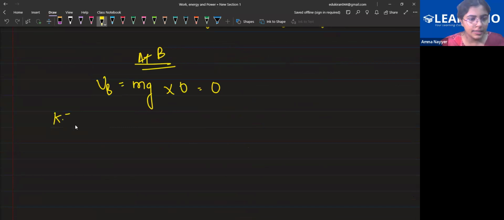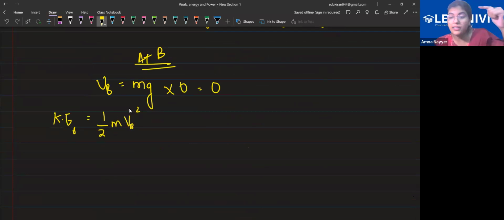Now, when we are talking about kinetic energy at this B point, it is half m vB squared, not the velocity at the highest point. So as to differentiate it from that highest point, I'm taking the velocity from the lowermost point. So that is vB, correct? Now, what is the value of this vB? We'll be using our uniformly accelerated motion equations.